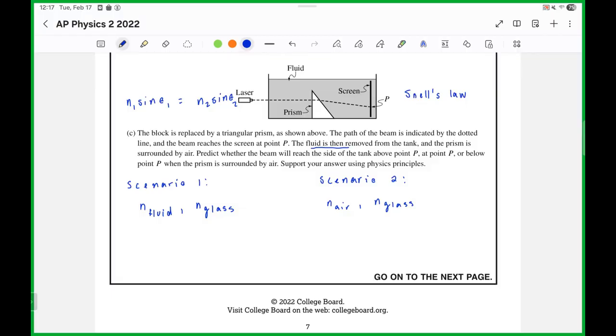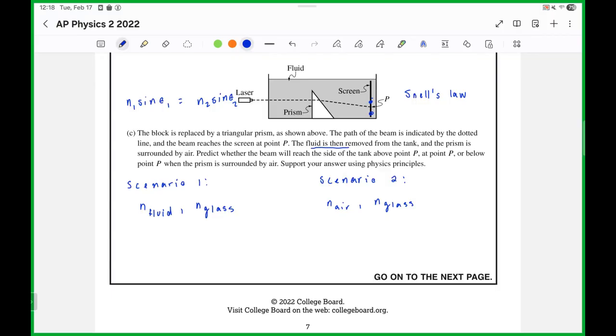And so we're now being asked to predict whether the beam will reach the side of the tank above point P, at point P, or below point P. In other words, are we going to get less refracted, more refracted, or equally refracted, which would bring us to point P. So now let's go through this with Snell's law.